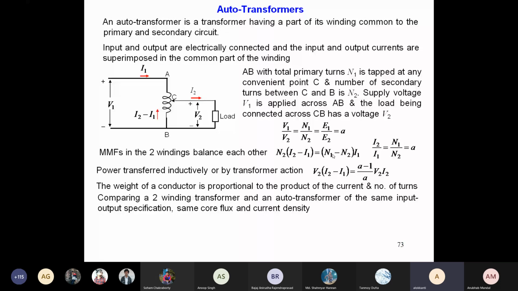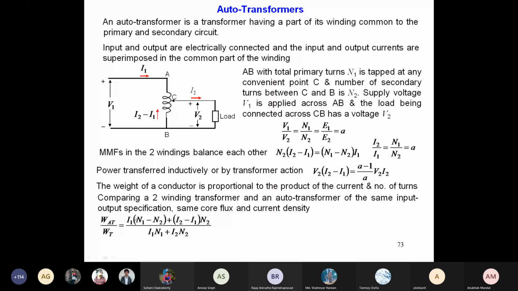So if you're comparing the two-winding transformer of the same input-output specification, same core flux and same current density, then WAT, the weight of the auto transformer, is proportional to the AC part, where the current is I1 and the number of turns is N1 minus N2, plus the BC part, where the current is I2 minus I1 and the number of turns is N2.